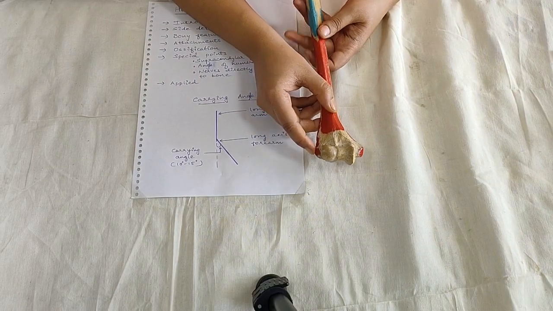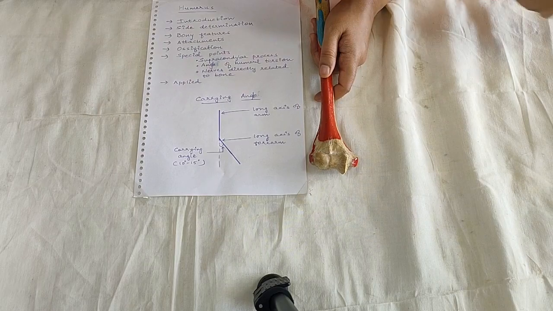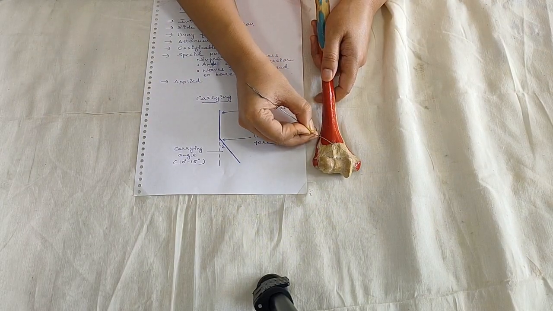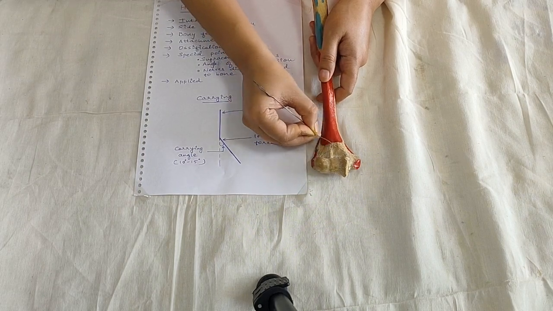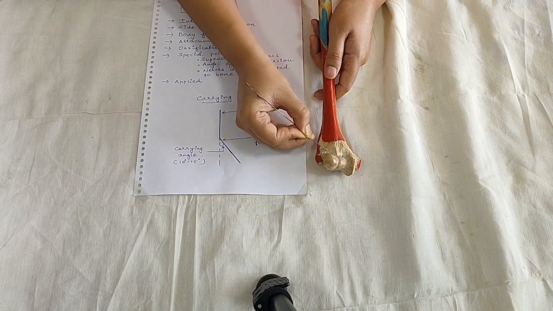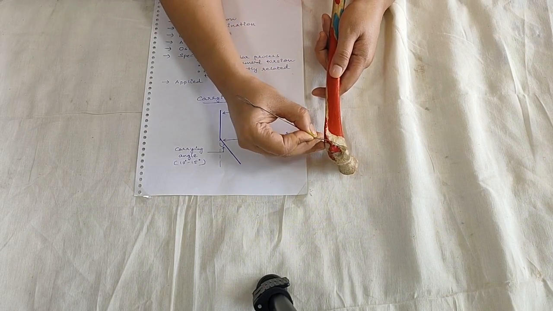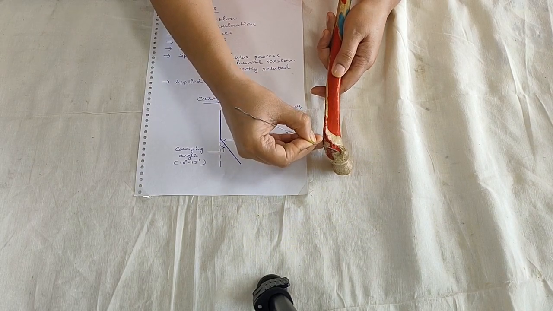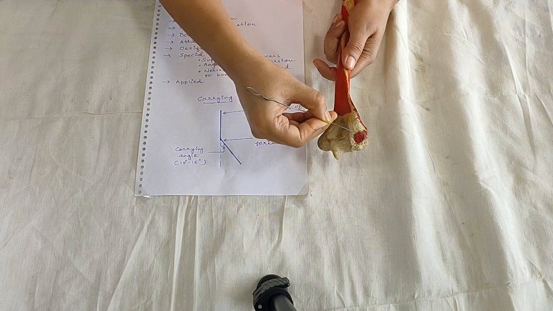Coming to the fibrous capsule of the elbow joint, it is attached in a manner that all the three fossae are included. But on this epicondyle, this is the lateral epicondyle, the attachment is such that the lateral epicondyle is excluded.